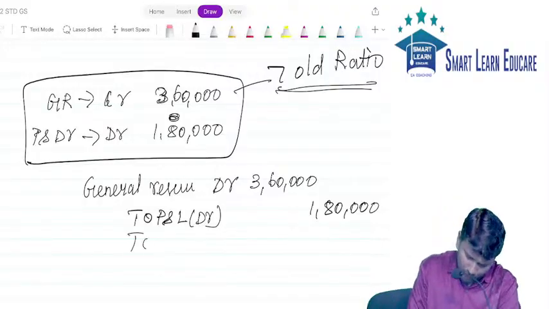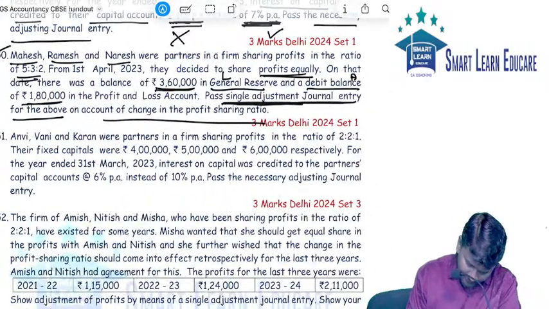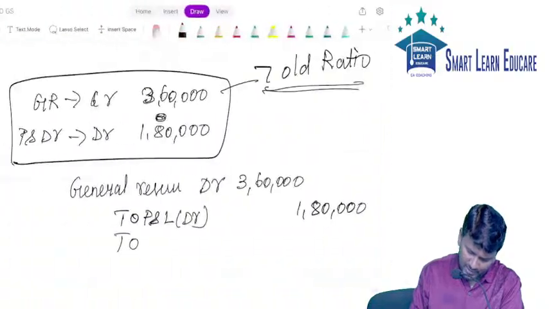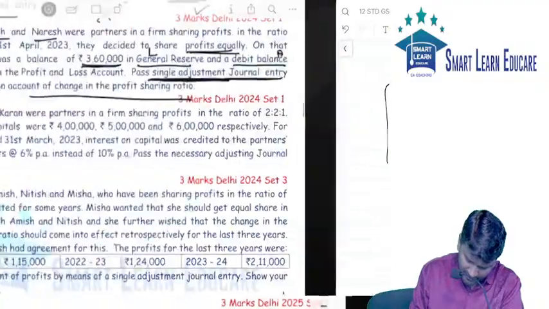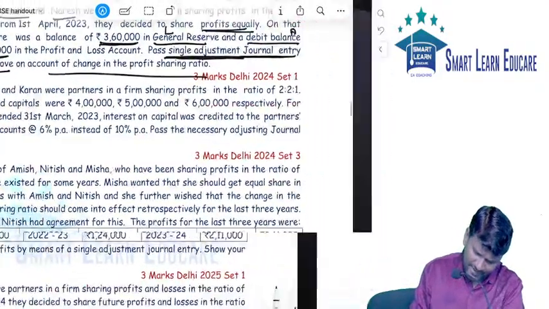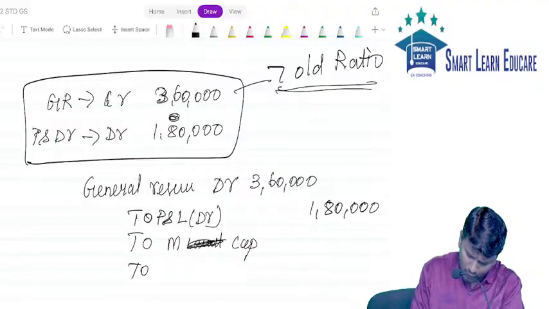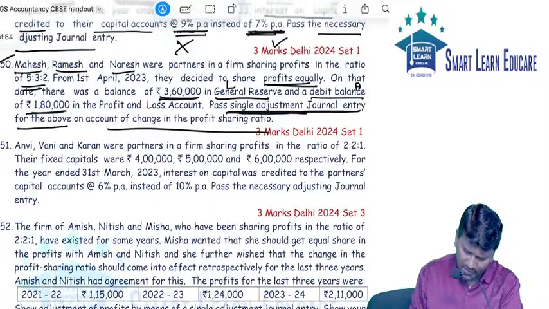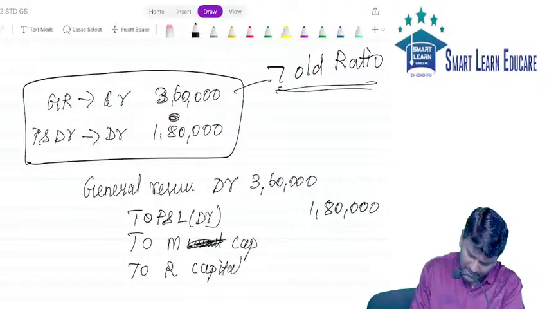Now, to which partners? Who are the partners in this question? M, R, N. To M's current account. Is the word fixed capital there? No. Fixed capital is not there, so to M capital account, to R capital account, to N capital account.